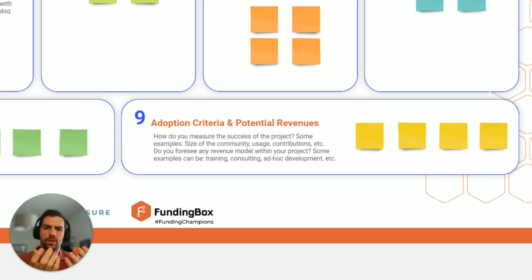So you need to define a certain number of metrics and be able to quantify objectively how successful you are. And additionally, you need to consider the potential sources of revenues. At the end of the day, you need to take into account who's going to pay for what, and in the long run, you need to maintain your product self-sustained.